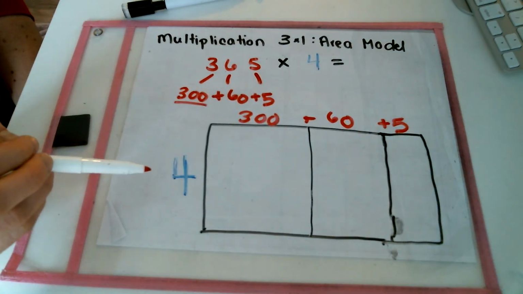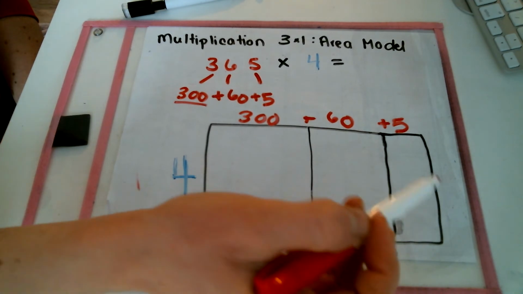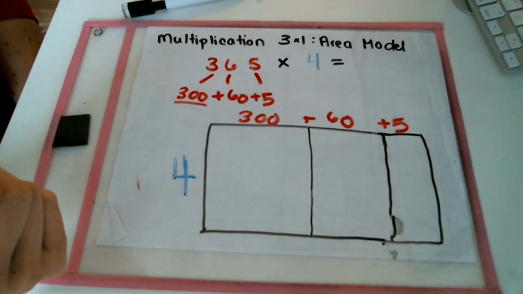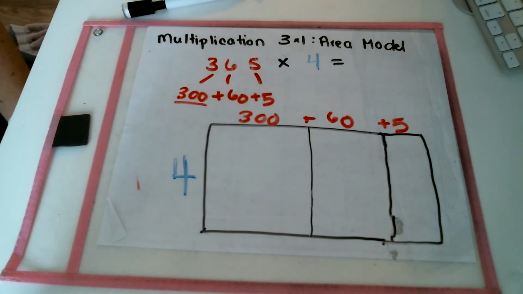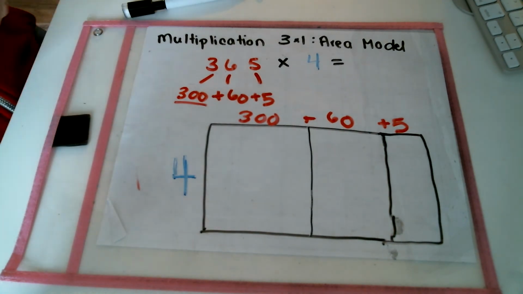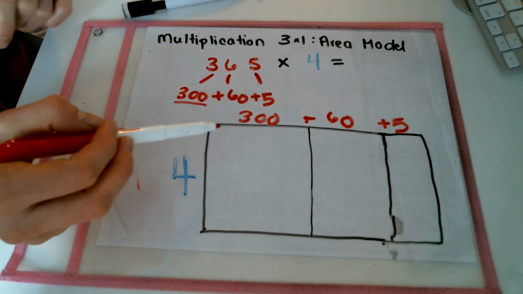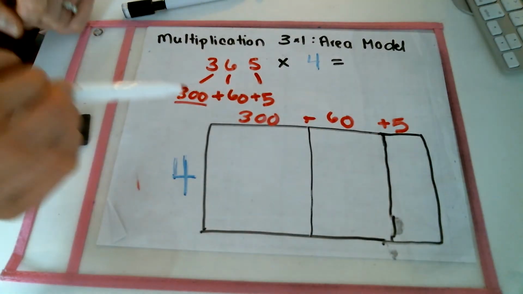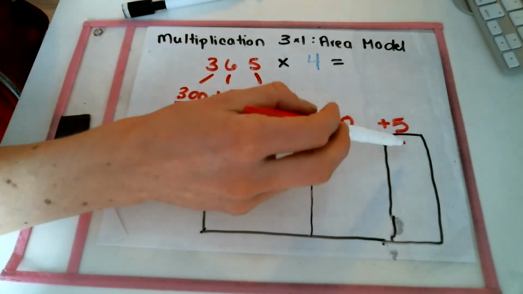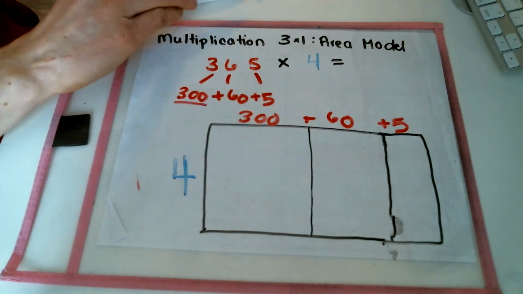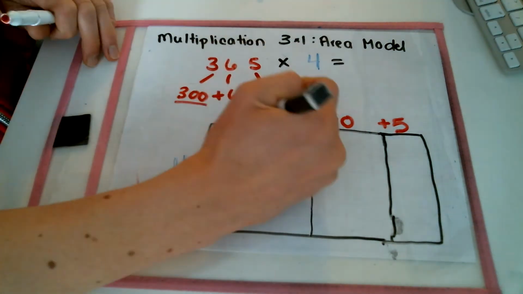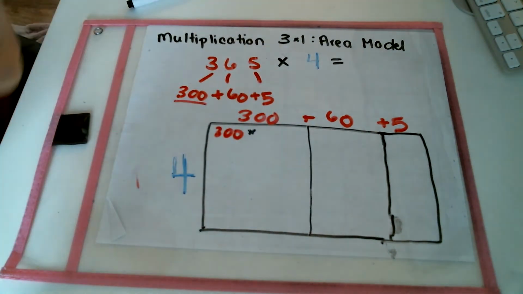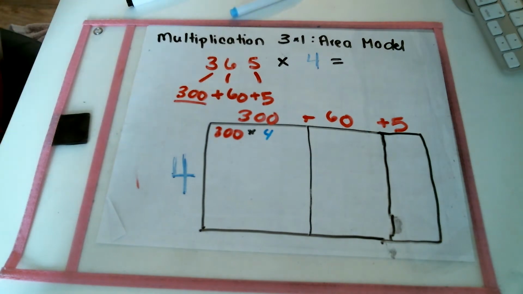So now I can multiply my 1 digit by easier numbers to work with because we know our powers of 10. These are very simple, quick ways to solve this problem. It just makes it a lot easier to solve. So I'm going to write the equation in each of the boxes. I'm going to take the time to write each of the 3 equations that I'm going to be solving before I solve them. So here I'm going to be solving 300 times 4.